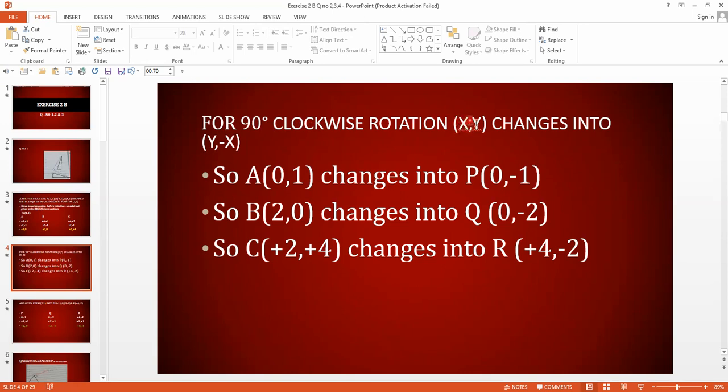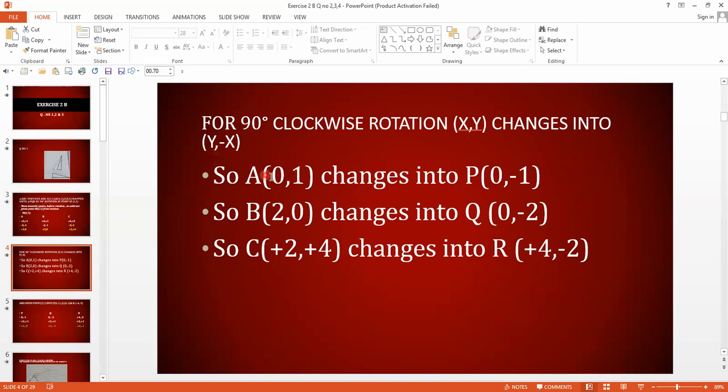The first one is X and the other one is Y. So for 90-degree clockwise rotation, always remember that the values of X and Y interchange. So X becomes Y and Y becomes X, and the value of the second one is changed into negative.